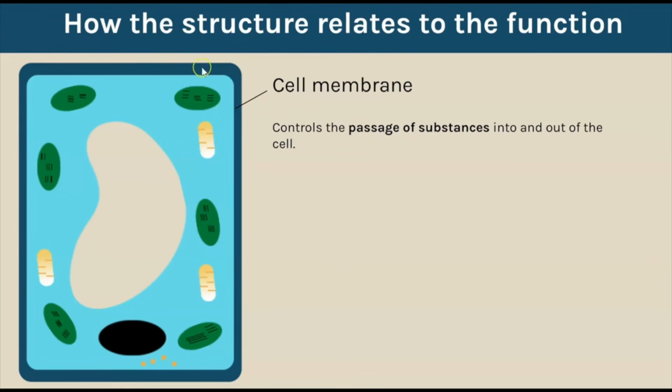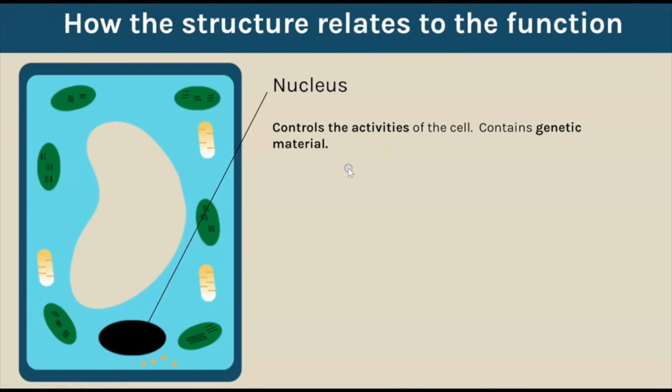The cell membrane is the layer surrounding the cells that you have in both an animal cell and a plant cell. That layer controls what can enter and exit the cell, so that's what we mean by it controlling the passage of substances.